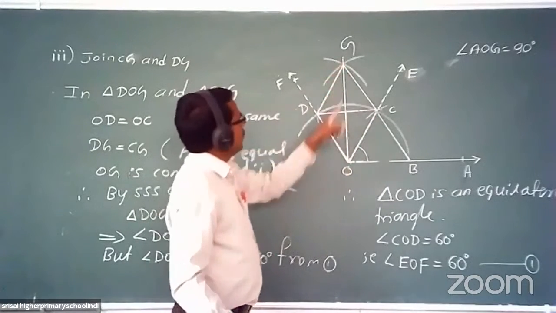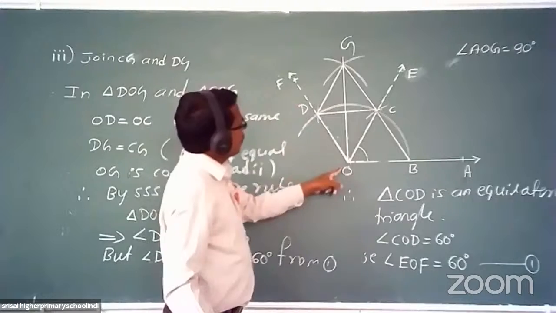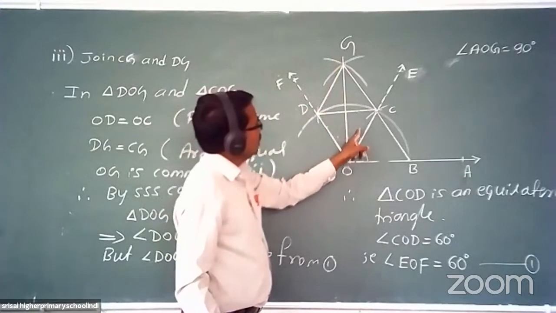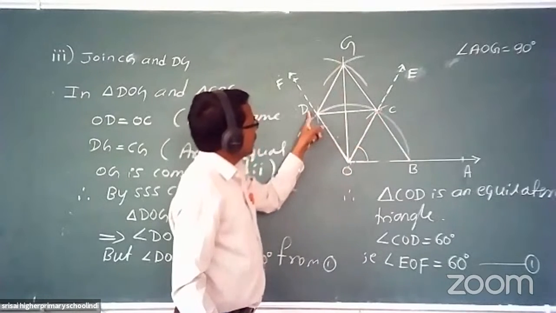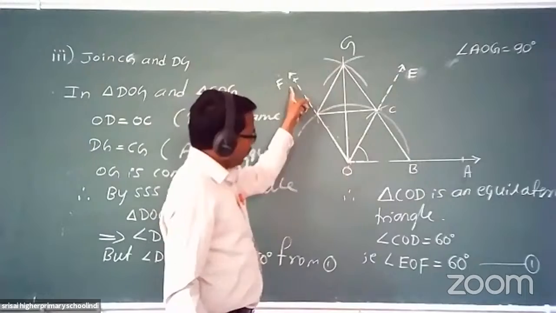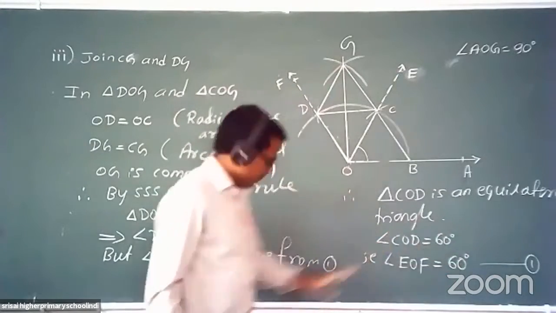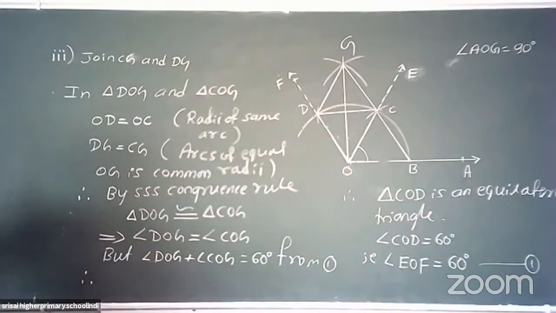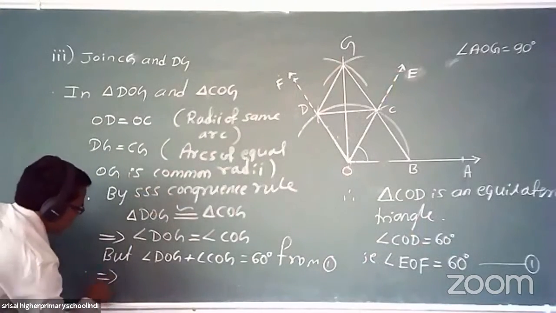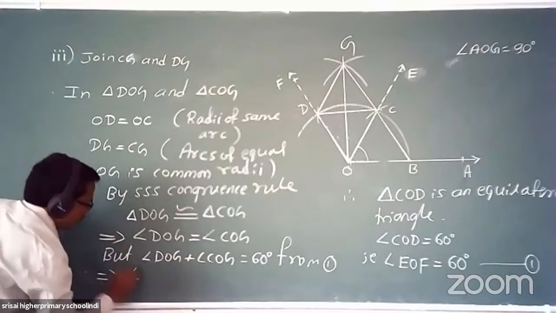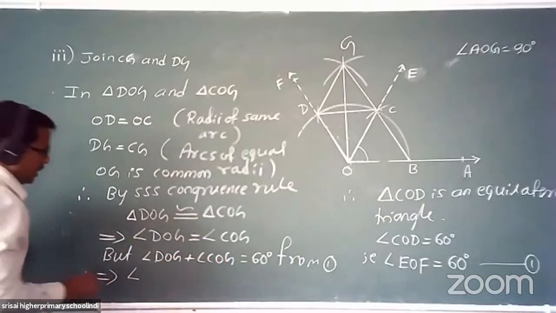COG plus DOG both together is COD. COD is nothing but EOF. EOF is 60 degrees. The sum is 60 degrees, each one is equal, so both are equal to 30 degrees.